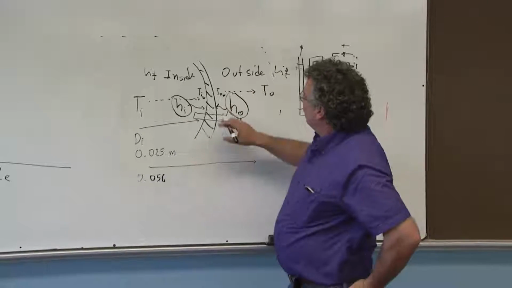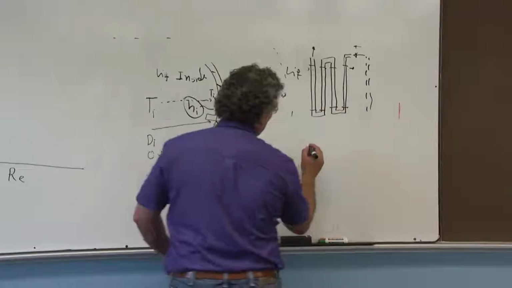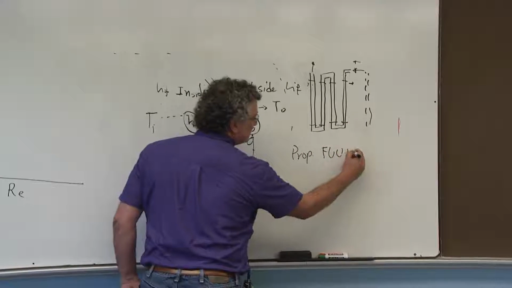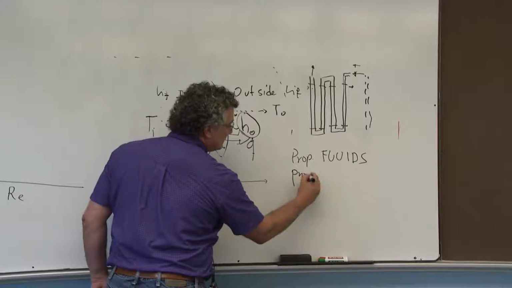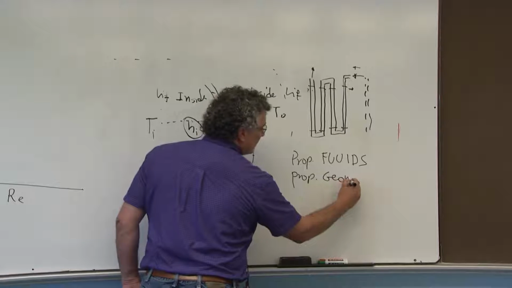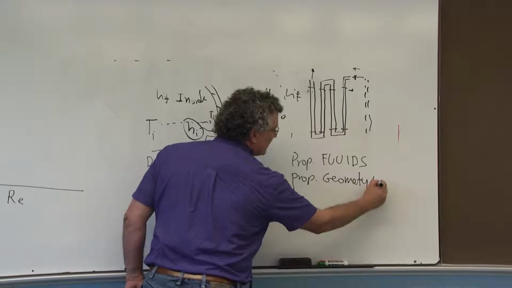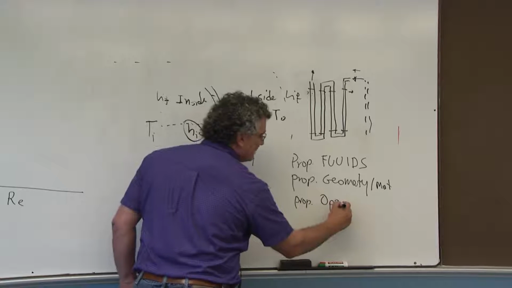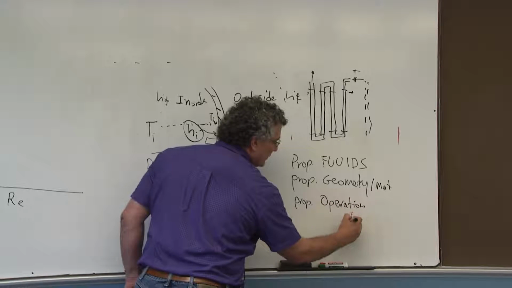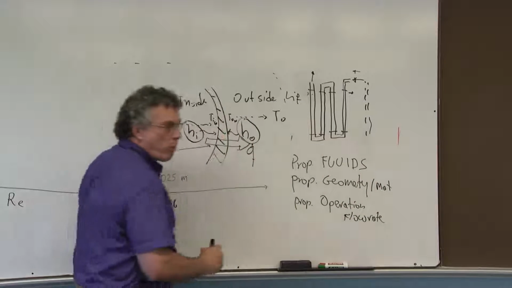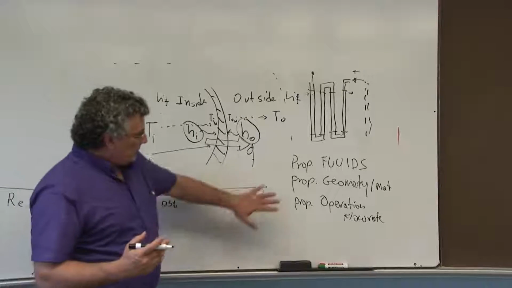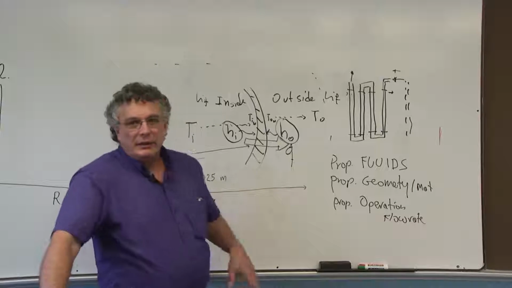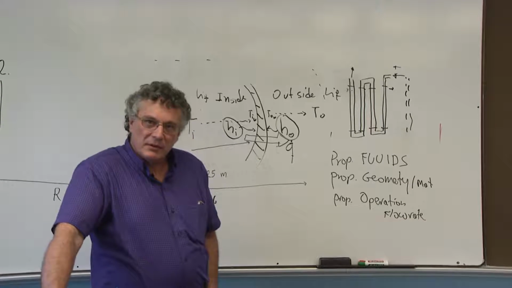So how do we connect those three types of properties that we mentioned: the properties of the fluids, the properties of the geometry or materials, and the other set of properties, which are the operational properties, such as flow rate, etc.? Well, around 100 years ago, all this was figured out and put together in a series of non-dimensional equations.